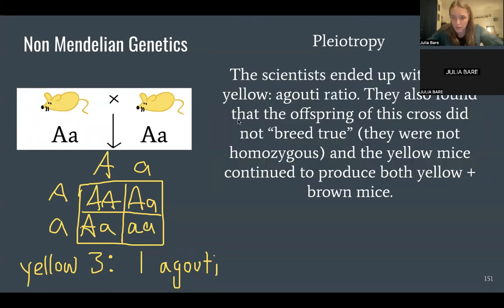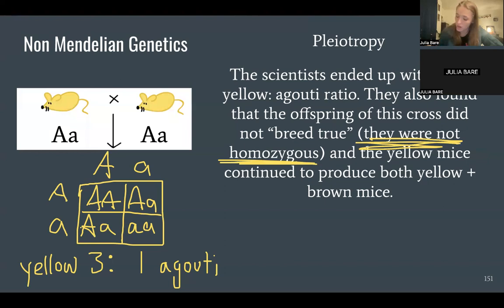Now, here's where it's interesting. Scientists did not get this result. Instead of getting a 3-to-1 ratio, they got a 2-to-1 ratio in the offspring. They also found that the offspring of this cross did not breed true. Breeding true just means that they were not homozygous, that they did not only produce more of their characteristic.